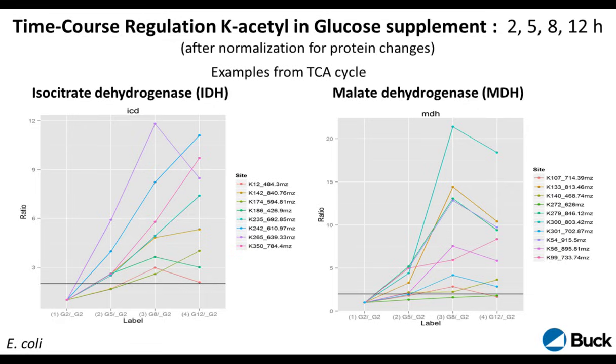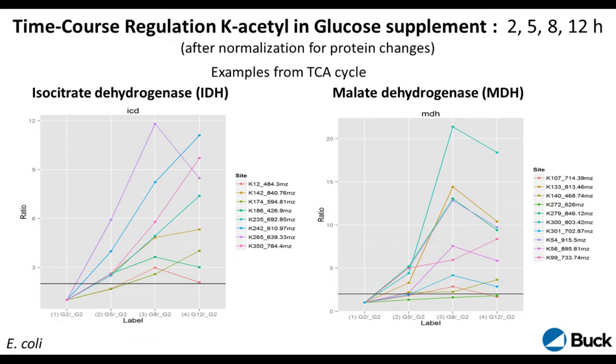So you have to treat each acetylation site as its own. Some start out slowly and at 2 hours have increased a little bit, under different conditions such as glucose supplement versus control without the supplement. Some increase slowly and others skyrocket with very high, 10-fold changes. So it's really important to look at the individual acetylation sites, which is a very different mass spec question from looking at protein expression changes.